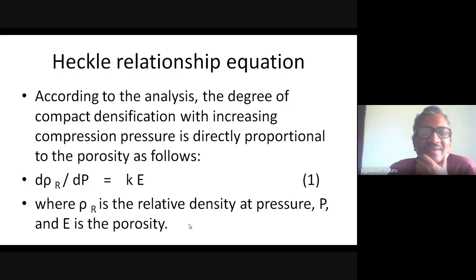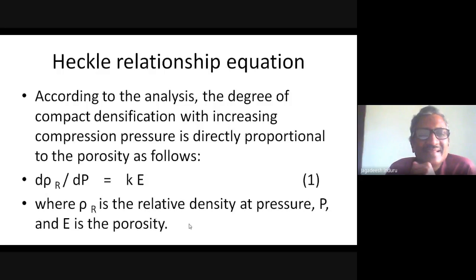That is, the unit change in the relative density rho r per unit change in the pressure P is directly proportional to E, the porosity. If porosity is more, the change in the relative density per unit pressure is more. This is a directly proportional relationship with the porosity.